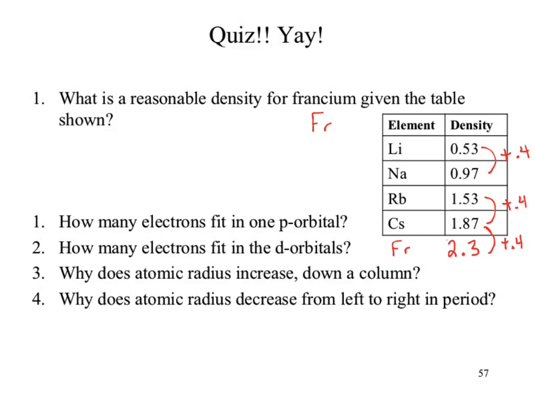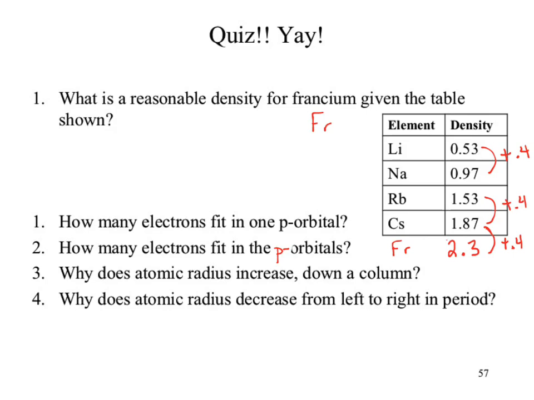How many electrons fit in one p orbital? How many electrons can I fit in any p orbital? 2 and only 2. The question very specifically says 1 p orbital. That means 2 electrons.